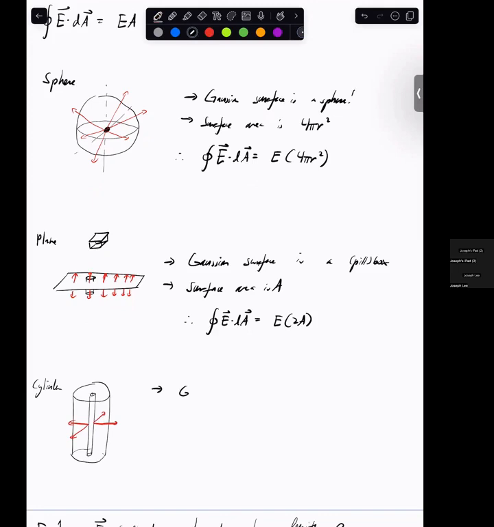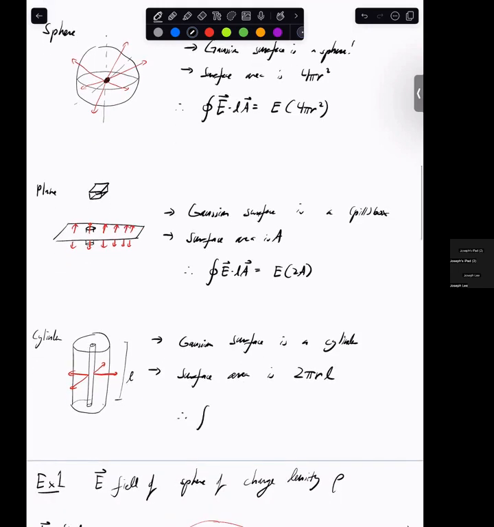So the Gaussian surface is a cylinder, and the surface area is 2 pi r L, where L is just the length of the cylinder we're dealing with. Therefore, the integral of E dot dA should be E times 2 pi r L.